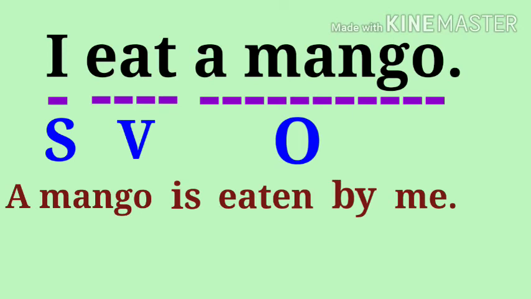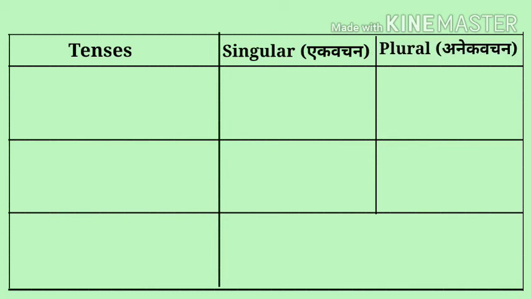Now see, I am giving you one chart. That chart will help you to solve the sentences. Okay, now see, what is this chart? Three columns are there. The first column is about the tenses, second column singular, and the third one is plural. Now see, tenses. Our total main tenses are 3 and their subtypes are 4.